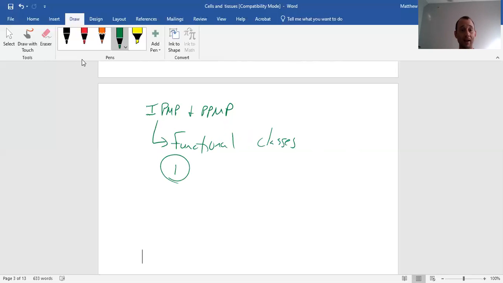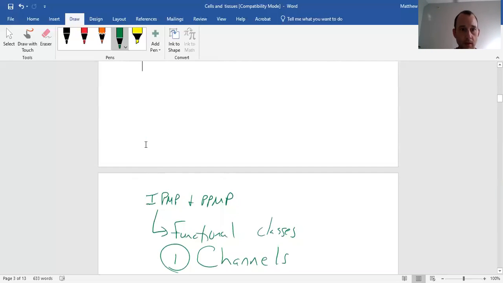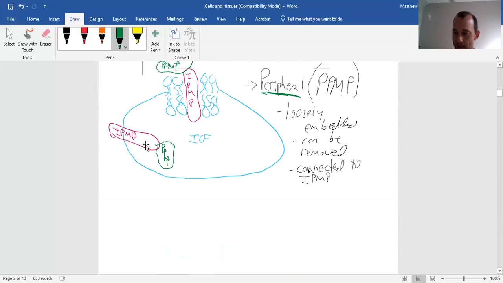You can have proteins that act as channels. All right? A channel. All that may be saying is you have a type of IPMP that creates a channel to move things in and out.